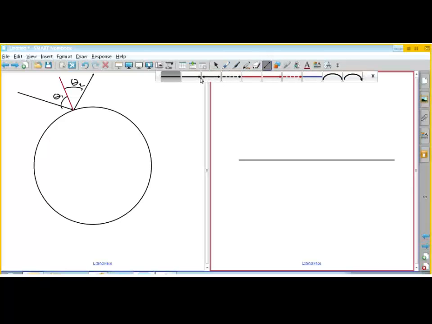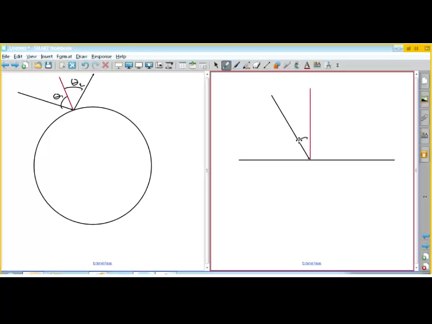So this is like a lens of some sort. You have a light ray coming in, and again you define the angle, and we still would call this the angle of incidence, so let's call this theta 1. Again, it's the angle between the line perpendicular to the surface and the light ray.